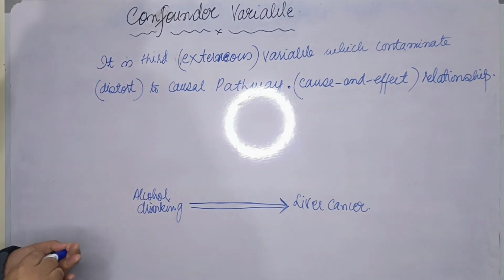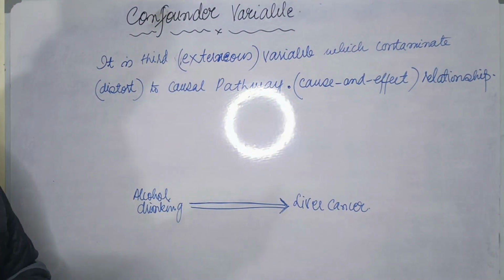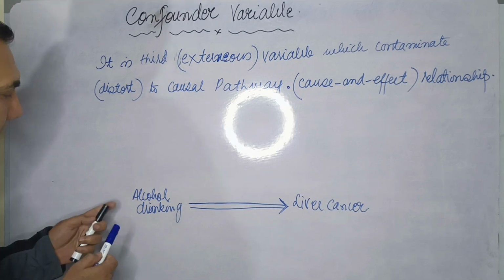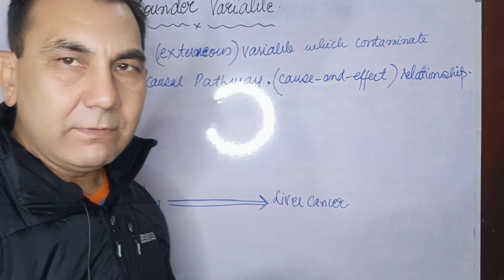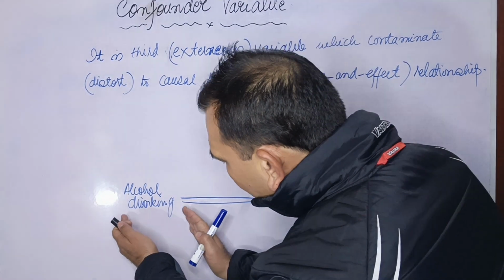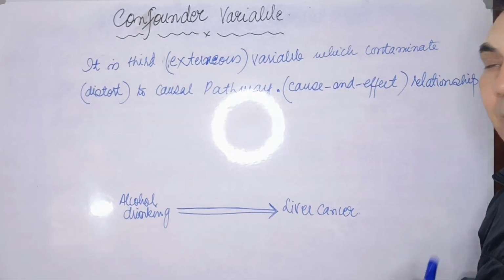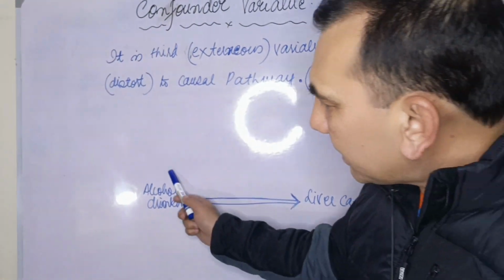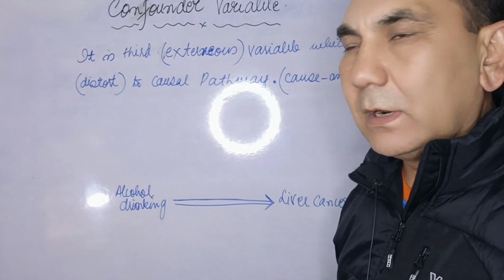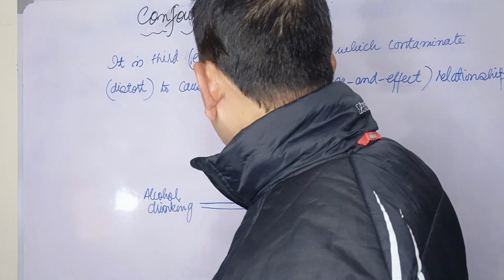Now, as you know very well, alcohol is the actual cause of liver cancer. Now the person who is drinking alcohol is definitely a smoker as well.